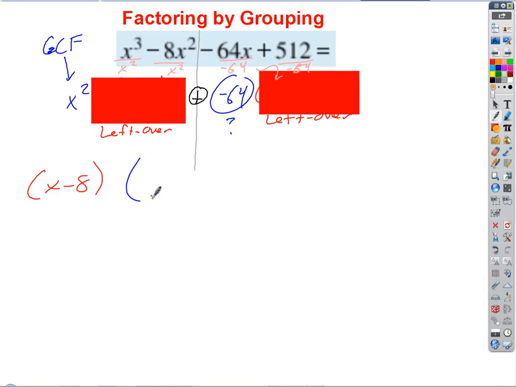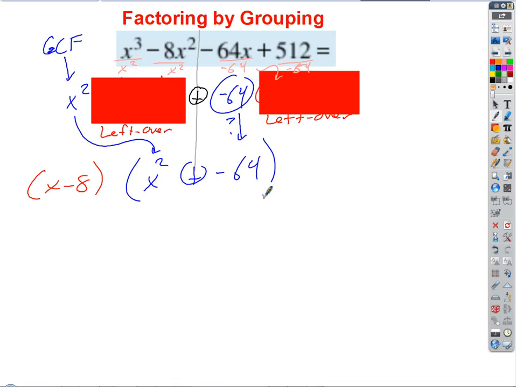So that's what's left behind when I pull this out front from the first term. How about the second group over here? Negative 64, right? If I take this leftover common factor and divide it away, I'm left here with a negative 64, right? Get the idea?